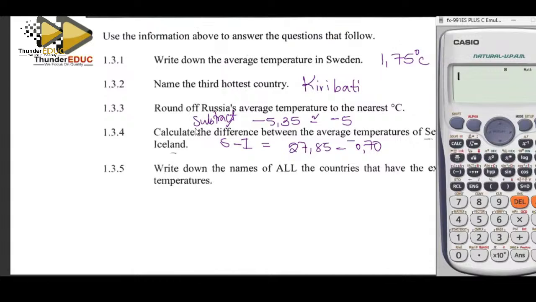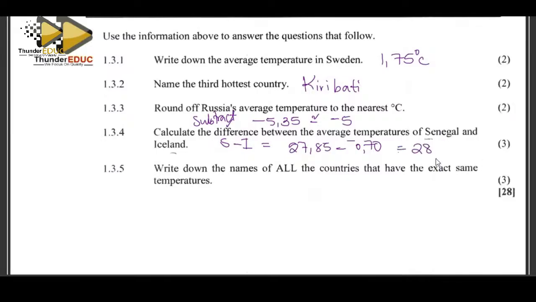When it comes to such a scenario, please don't hesitate, because some people will give you answers that you've never seen before. Minus, then they said minus. Don't worry, we can do that. And the answer became 28,55. Don't forget, these are the degrees that we are looking at. 28,55.